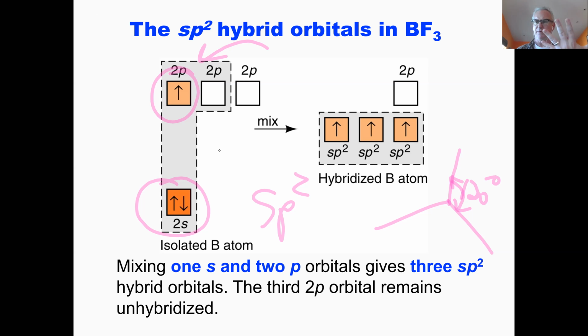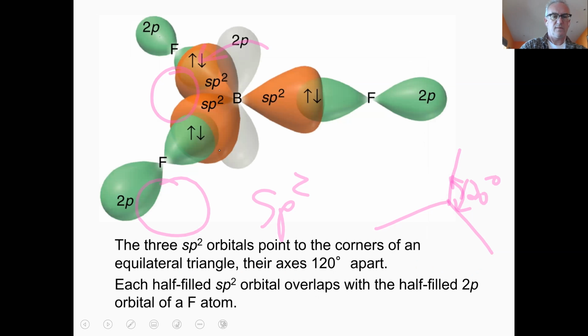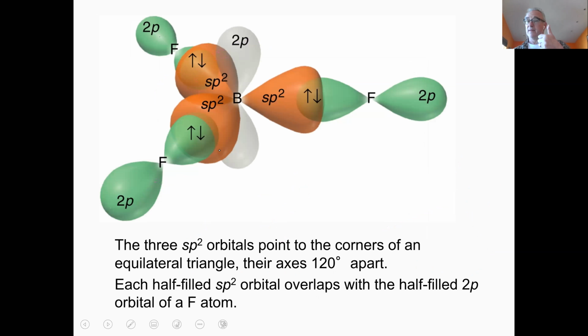You get these planar molecules, trigonal planar molecules, like this. So again, it's bonding with a halogen. This time it's fluorine. So fluorine's lone electron for sharing is in the 2p orbital.